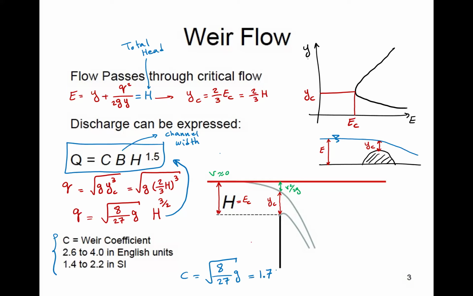I think it will be 1.67 or something, but let's just use a round number, 1.7. So theoretically, we get 1.7, but in reality, because of head loss and non-zero approach velocity, it might be slightly less, like 1.4, or slightly higher, like 2.2. So that's the range that comes from field observations, experiments and practical data. But theoretically, it's 1.7. So that's what we have in a weir.